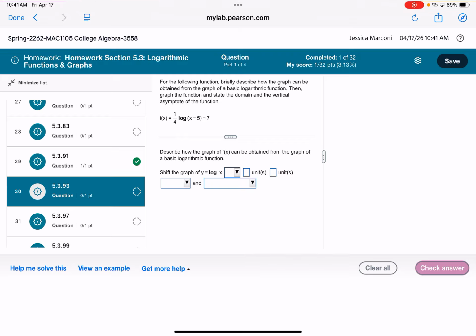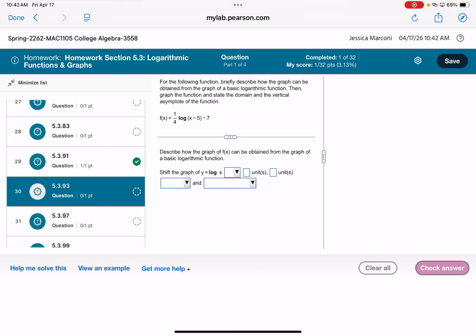It's 10. Because if it's written as log and then there's no little subscript, it's understood to be 10. That's our common log base 10. So it will look like this. You're right about that because 10 is still greater than 1. So this will be our base graph here.